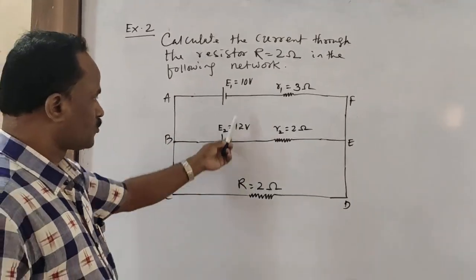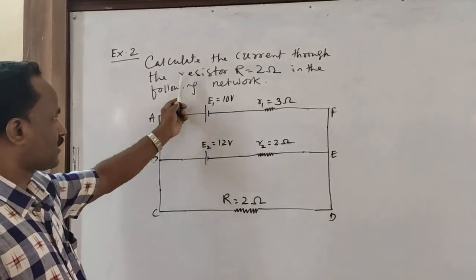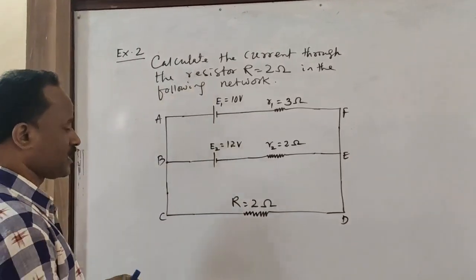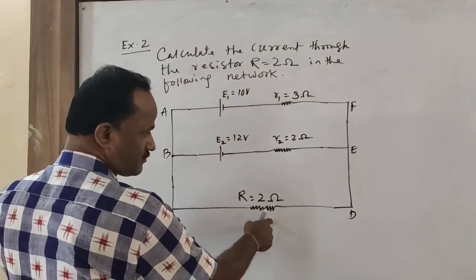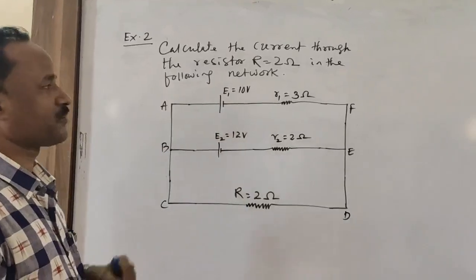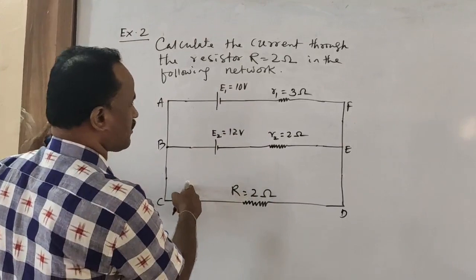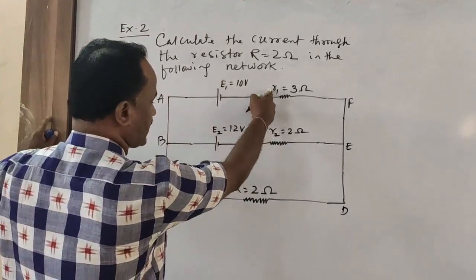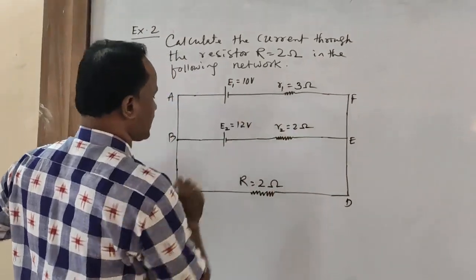Because these two cells are connected in the circuit, both will provide current, and according to the question you have to calculate the current through resistor R. But it is very important to find the current through the different branches, not only through resistor R: the current through R1, the internal resistance, and the current through the second internal resistance, in the different branches.